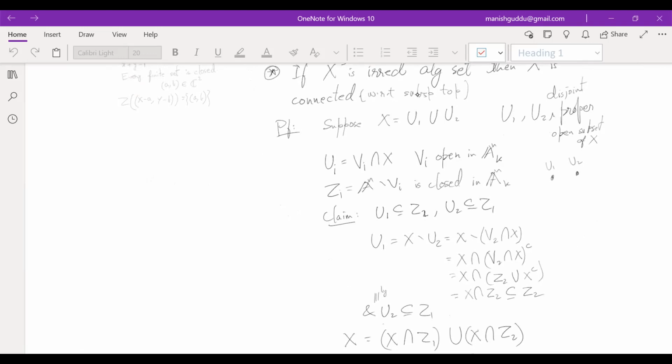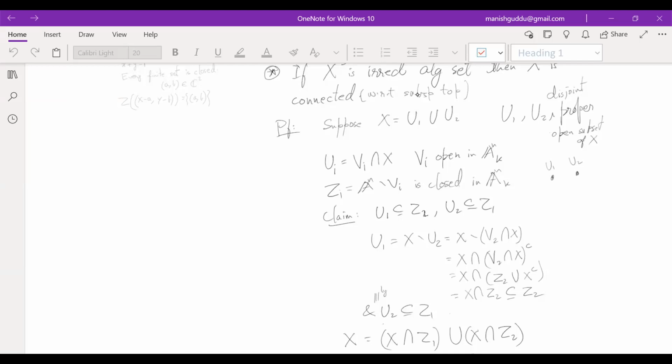Okay, so Ui is Vi intersection X, and Vi is an open set in A^n(K). Right, so we want to write X as a union of two proper closed subsets. We want to show that X is reducible. So what you do is consider Zi to be this closed subset, A^n minus Vi.